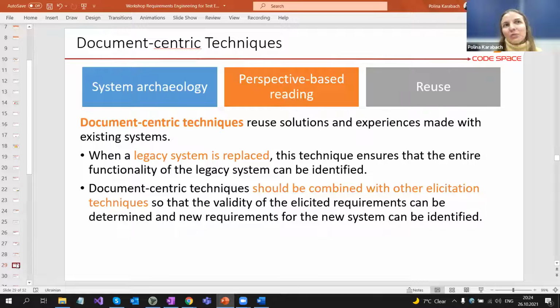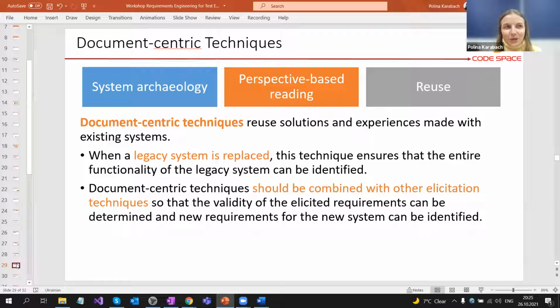It's for the cases when we don't have representative documentation, and we really need to understand the system from its code. How does it work? Then we would recover the requirements from there.